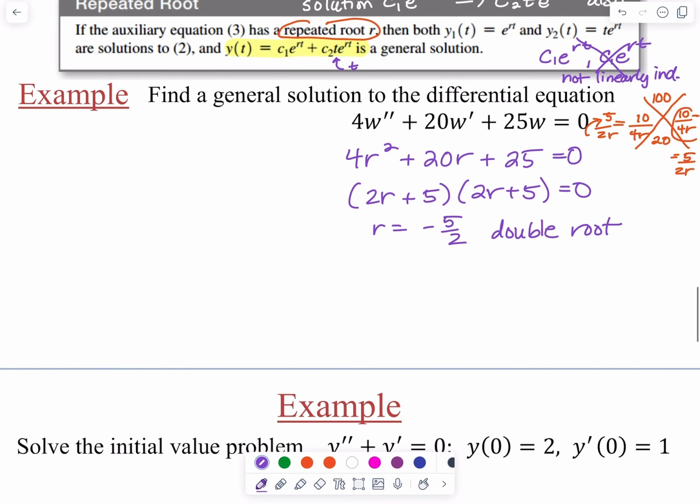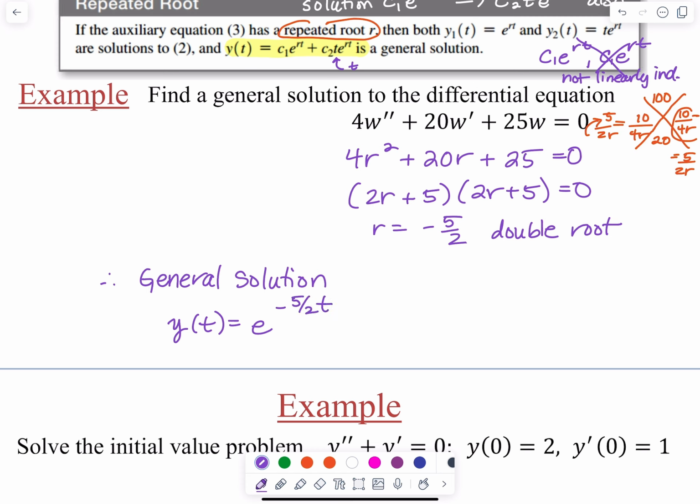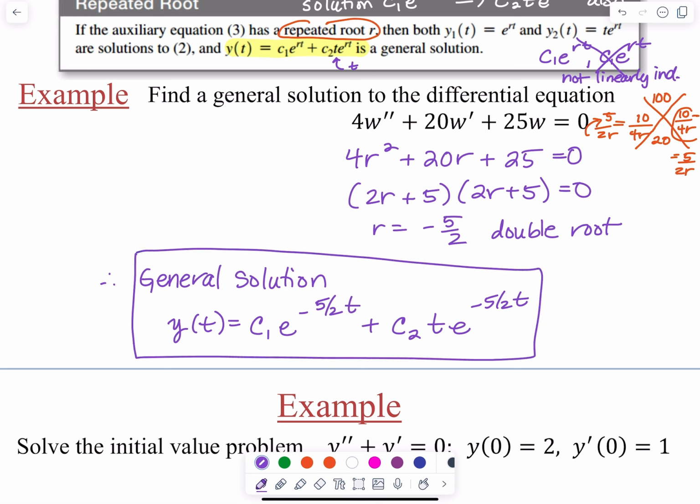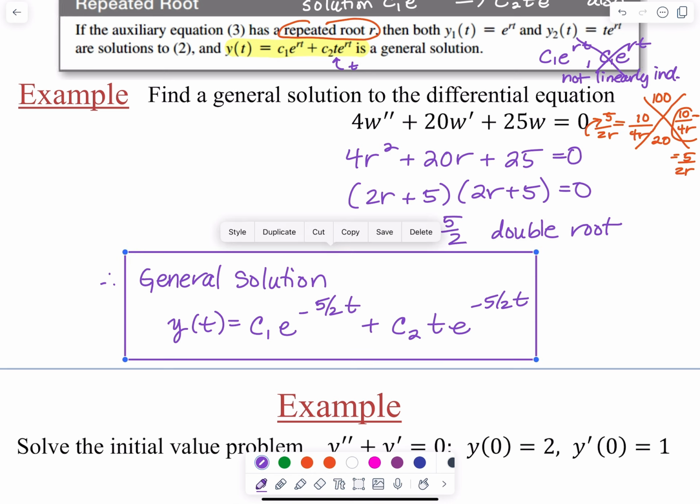So, therefore, the general solution is going to be y of t equal to c1 e to the negative 5/2 t, whoops, I forgot my c1, plus c2 t e to the negative 5/2 t. So we have this t right here.